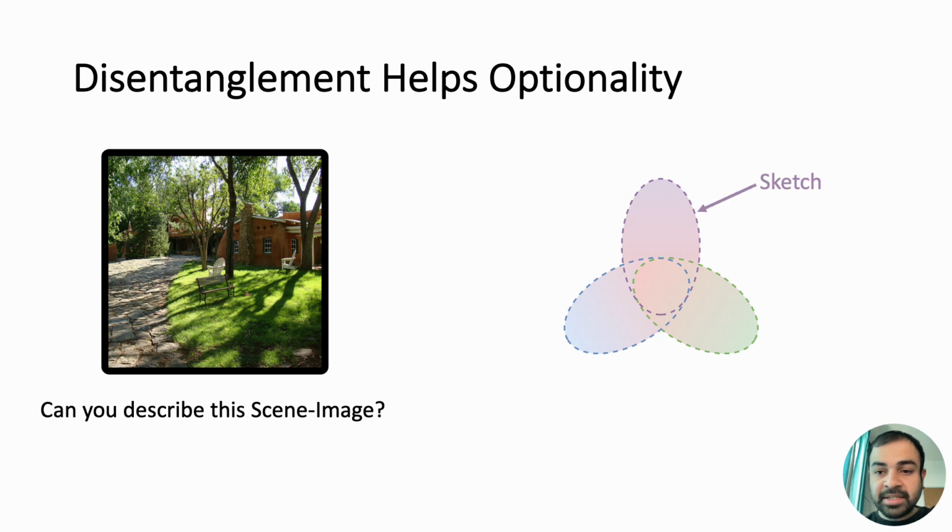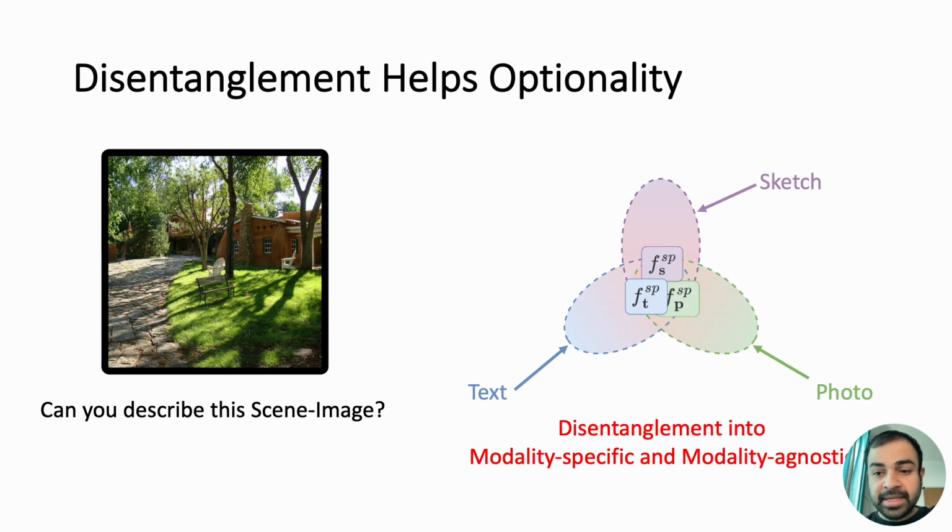So let's understand this information disentanglement in each modality. Modality-specific information in a modality such as text can be grammatical construct, which has no meaning or usefulness in other modalities. For a sketch, the modality-specific components could be drawing style, and for text, this could be less relevant texture information.